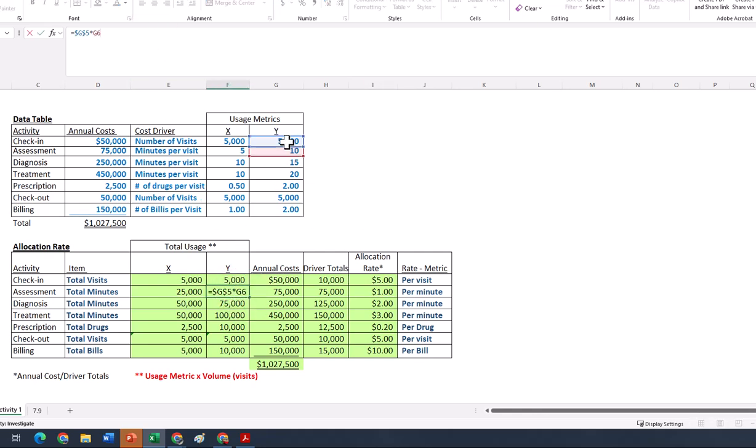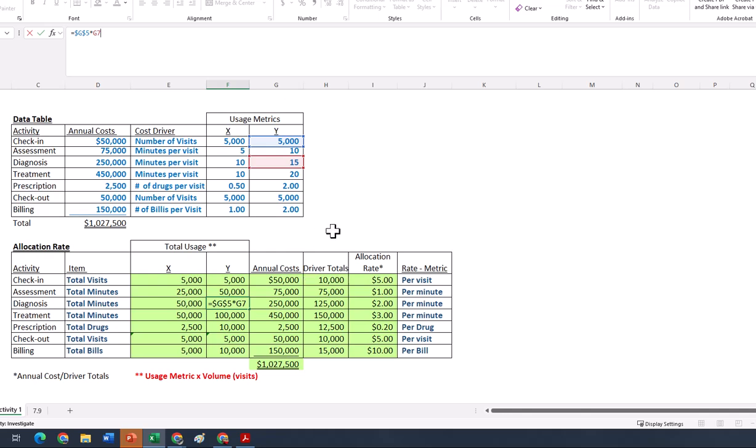We've taken the visits times the minutes per visit to get the total minutes for X and Y. And that's where in the homework the students kind of miss that aspect. A visit is a visit, and we've just assigned it as number of visits. These other ones are minutes per visit, so to get the total minutes, we have to take the minutes per visit times the number of visits. So the assessment, the diagnosis, it's the visits times the 10 per.